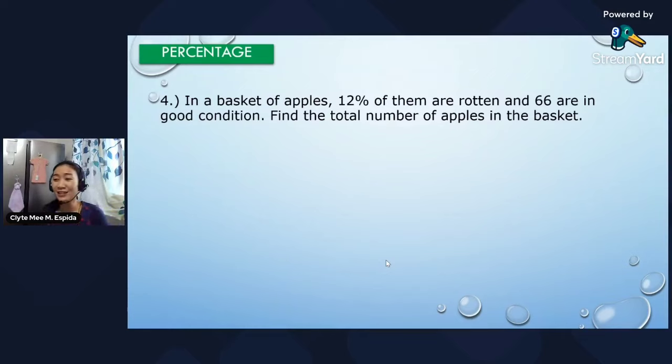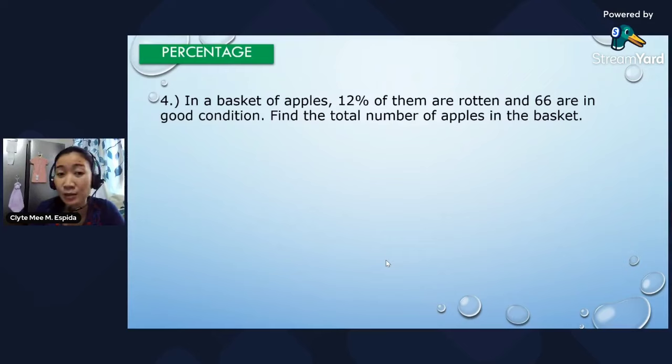Okay, let's reveal the answer. Answer reveal na. The correct answer is 75. Congratulations. How are you going to solve? Kung yung 12% ay rotten, 66 noon, number ito ha, in good condition, so ilang percentage yung 66?